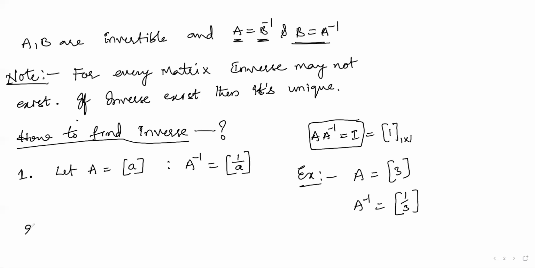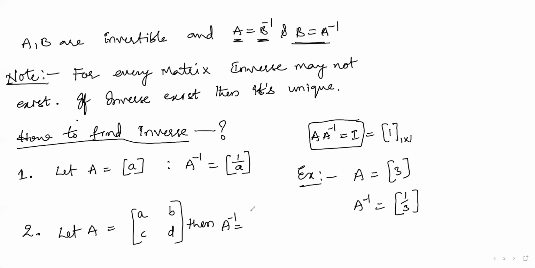Second, let A equal to the matrix [A, B; C, D]. How do you find the inverse for this? Then what is A inverse? Here is a shortcut.